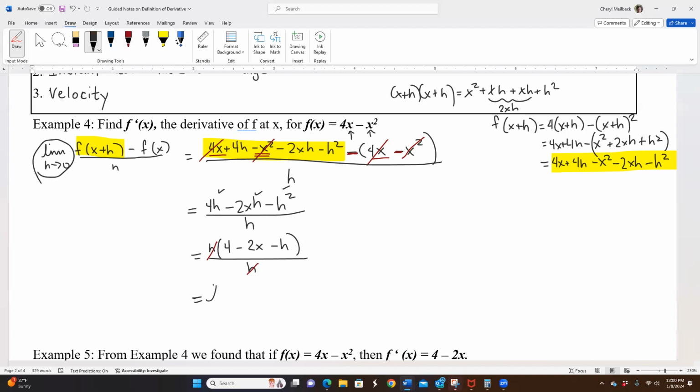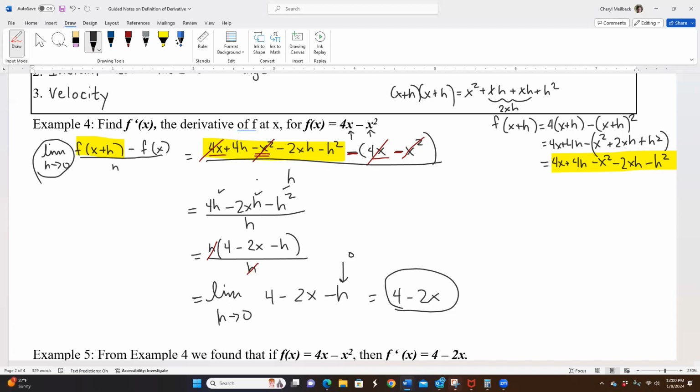So what we have here is the limit as h approaches 0 of 4 minus 2x minus h. Well, if h is approaching 0, this term will approach 0. So what this equals is 4 minus 2x, which would be our derivative of this function.